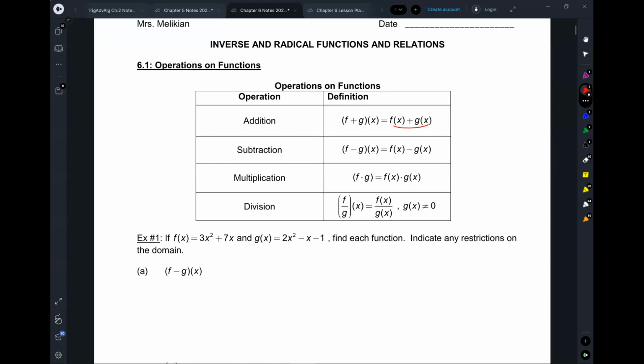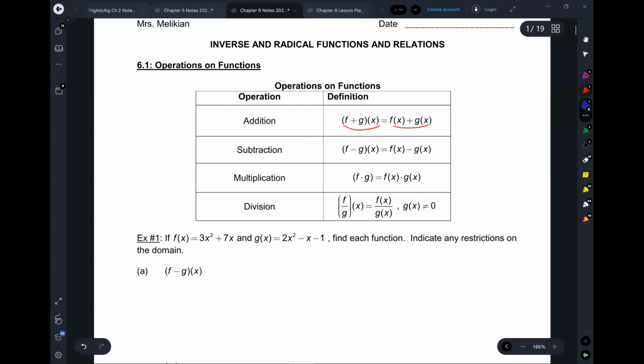Another way to write the exact same thing in more concise form is this, f plus g of x. That's what I want you to pay attention to. Here, this notation on the left isn't f plus g times x, this is still f plus g of x, right? So this and this mean exactly the same thing.